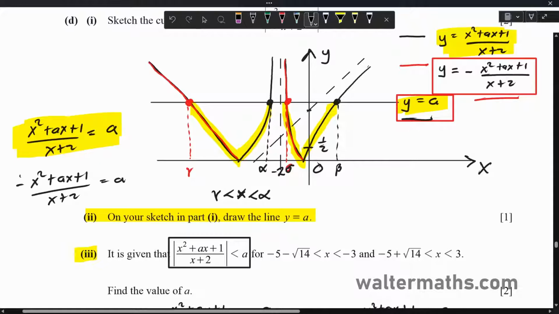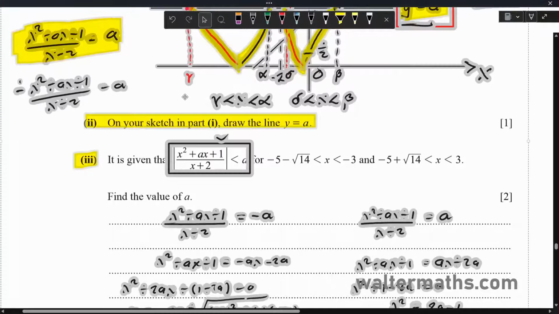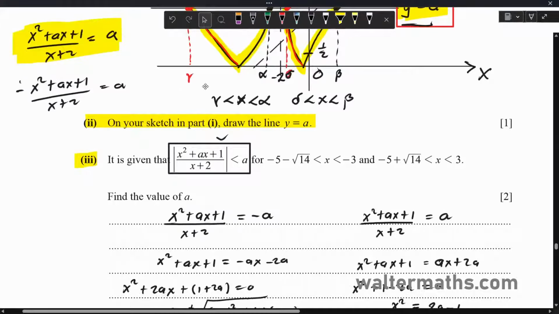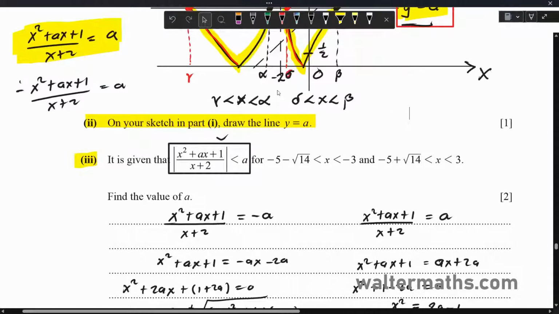And the other set of values satisfying this inequality are from delta to beta. So those are the two solutions. Okay, let's look at these. Let's start with the first one, gamma to alpha. Just hoping that I don't complicate things for you, but we're almost there.